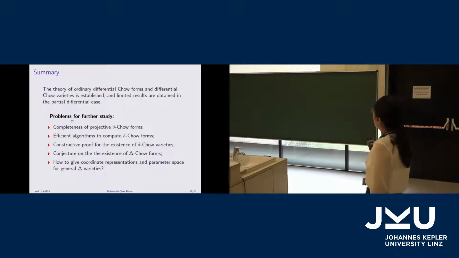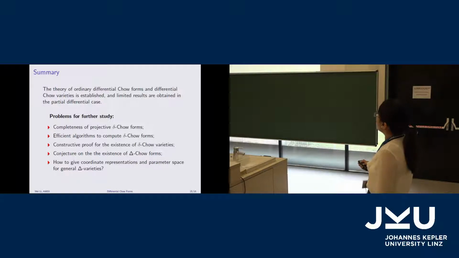And the problems left open mainly concern the following ones. For the ordinary differential case, we care about the differential completeness of the projective differential Chow forms, and devising more efficient algorithms to compute differential Chow forms for general differential varieties.